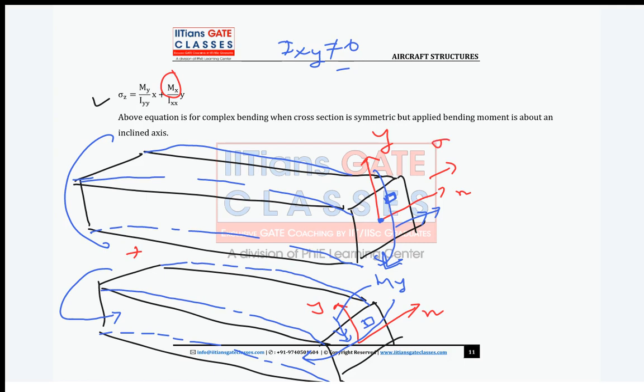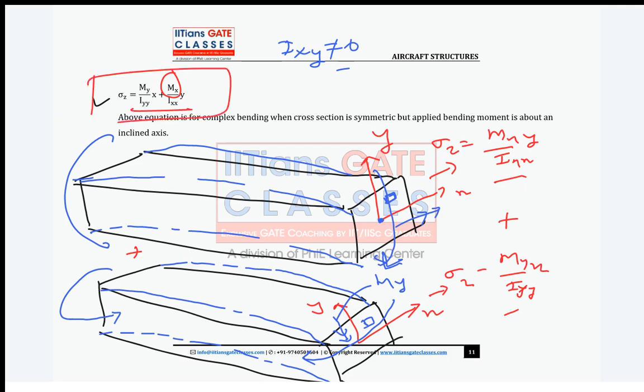Sigma z equal to Mx upon Ixx into y. And what is this case? This is sigma z equal to My upon Iy into x. Now this plus this is what? Your this. Yes or no? Everybody? Is it clear?